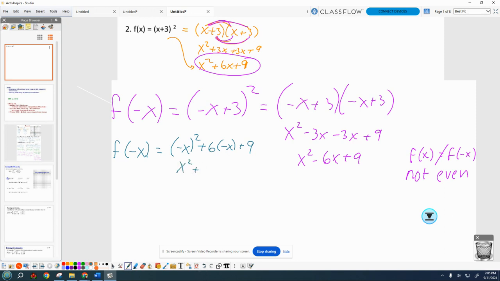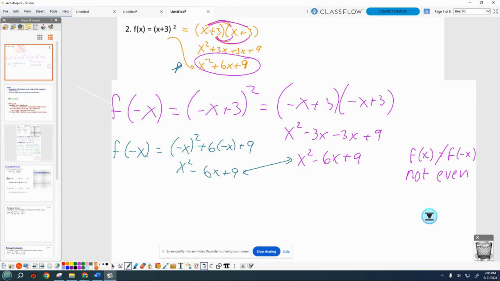Oh, wait, yeah, oh okay. No, never mind. So what she said was faster. She took that thing and put the negative x into that, which is fine. I'm okay with that. As long as you expanded this one correctly, that's cool. Still ends up not being even.